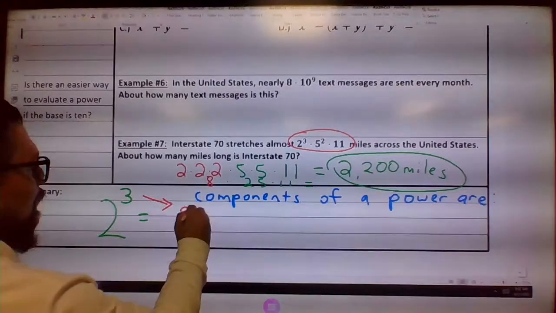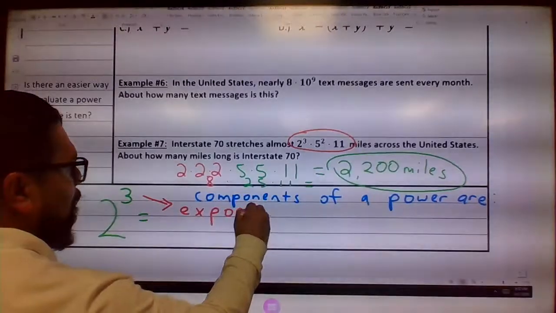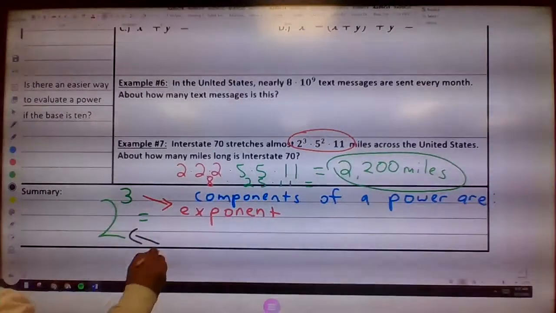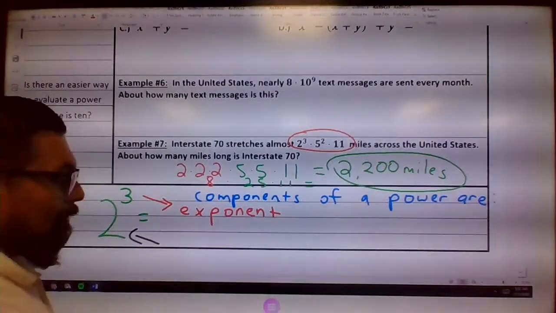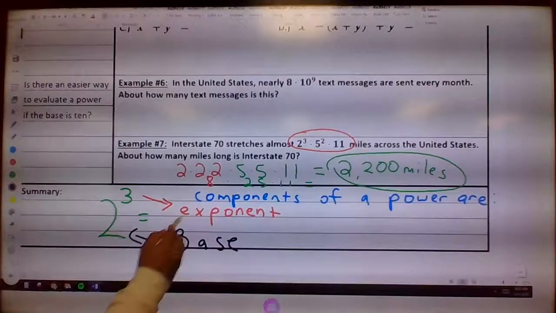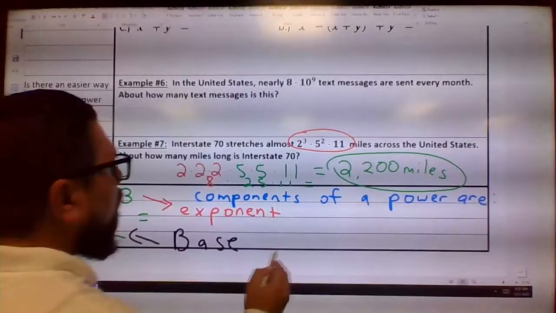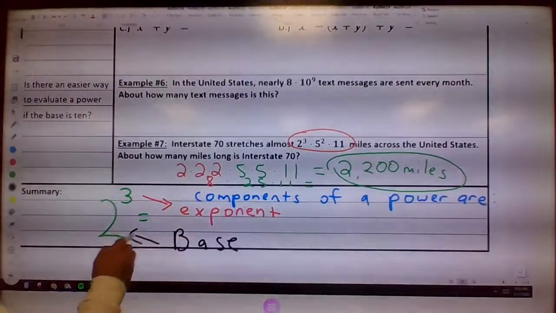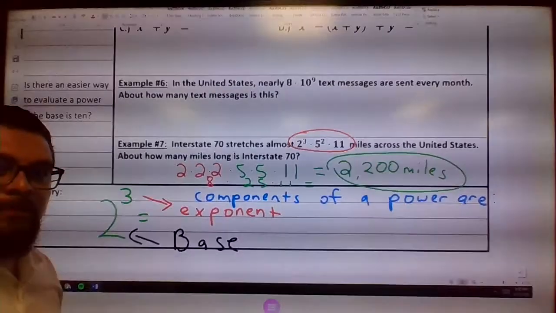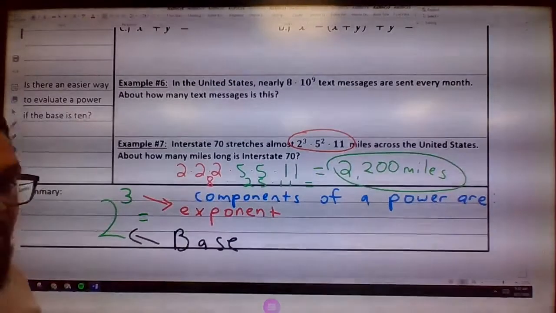The exponent. And then what is this guy? Starts with the B, the base. So components of a power are the exponent and the base. You're done. We are done with lesson 1.2.